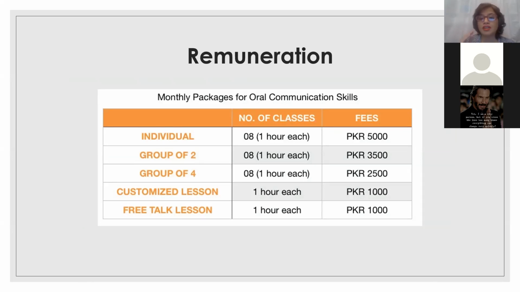According to your decision, the charges would differ. If you are willing to study individually, for 1 month it's 5,000. For a group of 2, it would be reduced to 3,500. And if you're studying in a group of 4, it would be reduced to 2,500. So this is how it's going to work.